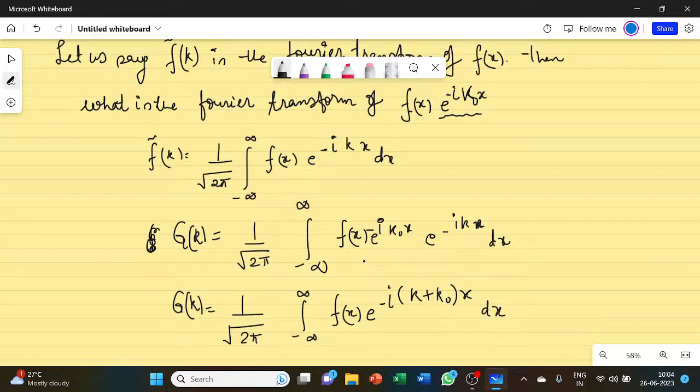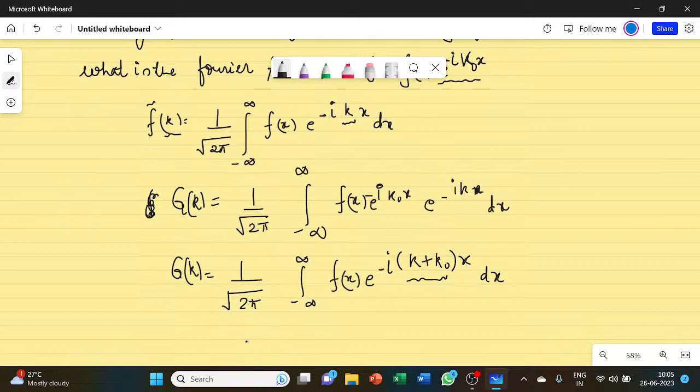Okay. So you see, when you had this k only here, it was f tilde k. Now instead of k, you have this k plus k naught. So the new Fourier transform, which I have written gk, is nothing but the Fourier transform at k plus k naught.